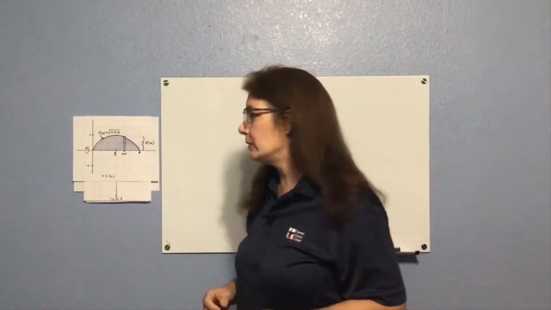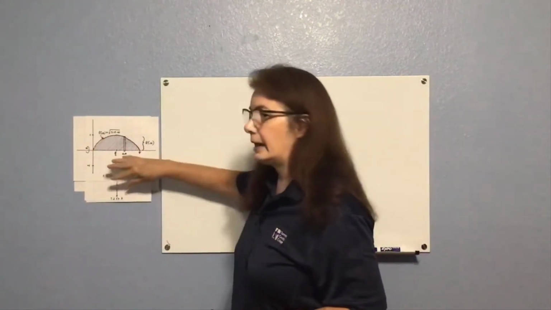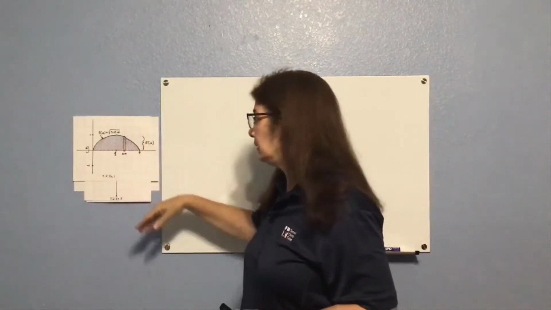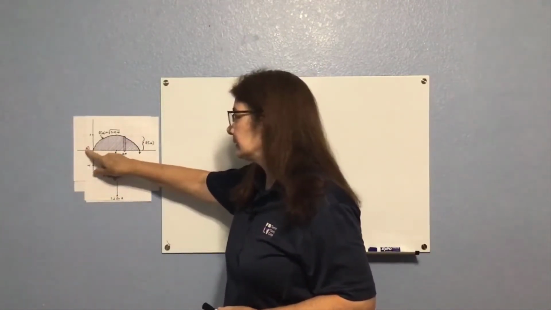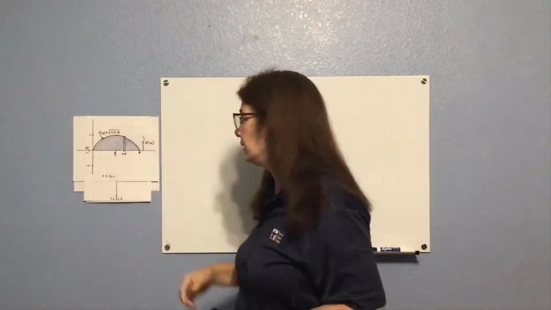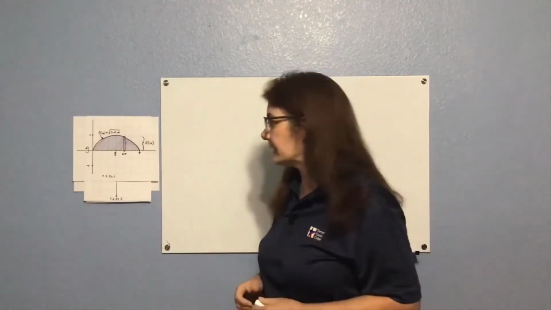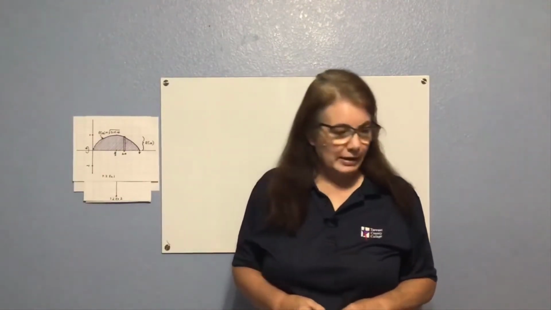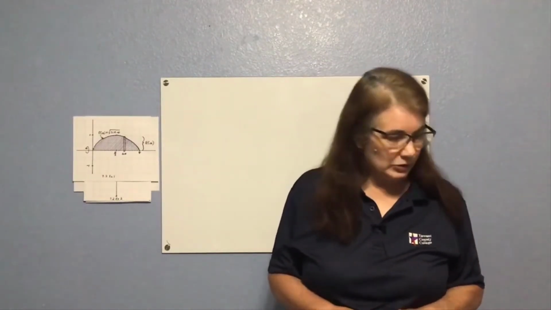A solid of revolution happens when I take a region like this and I turn it around an axis. You can see here this little symbol means that I'm going to take this region and turn it around the x-axis, creating a solid which looks something like a football. And we call it a solid of revolution.